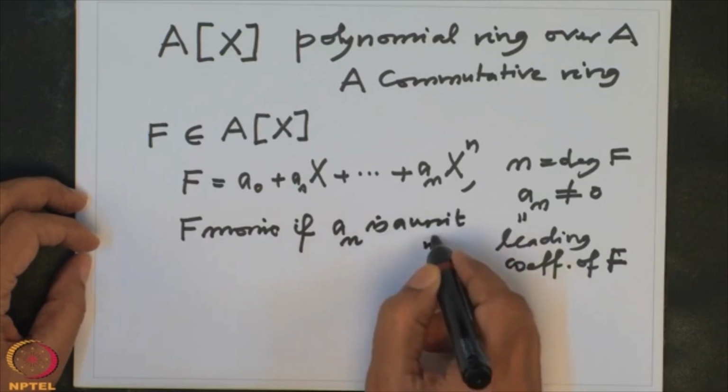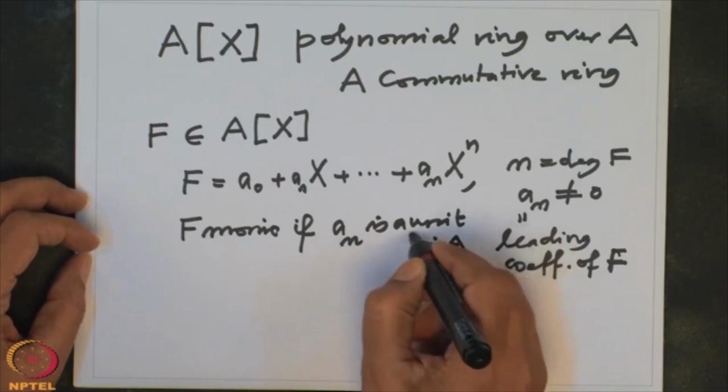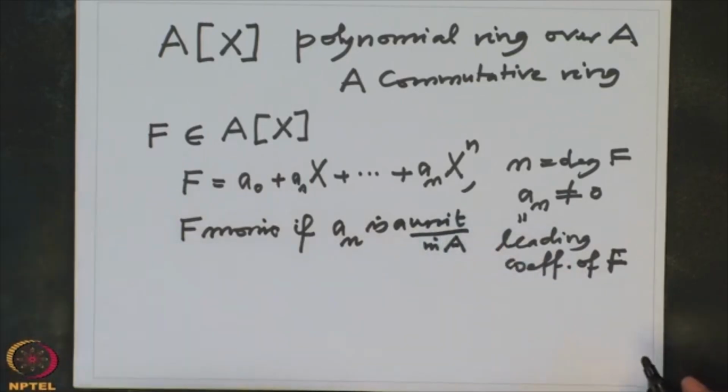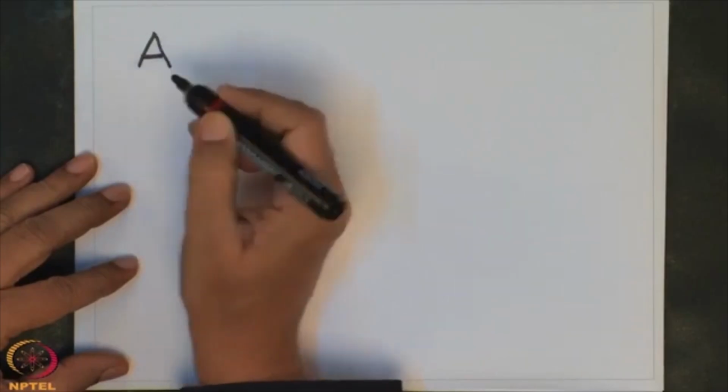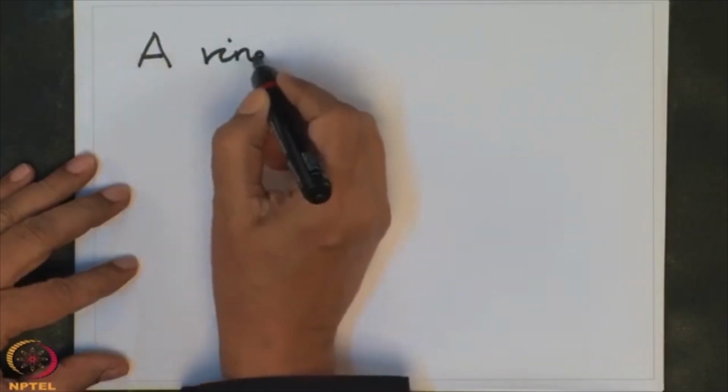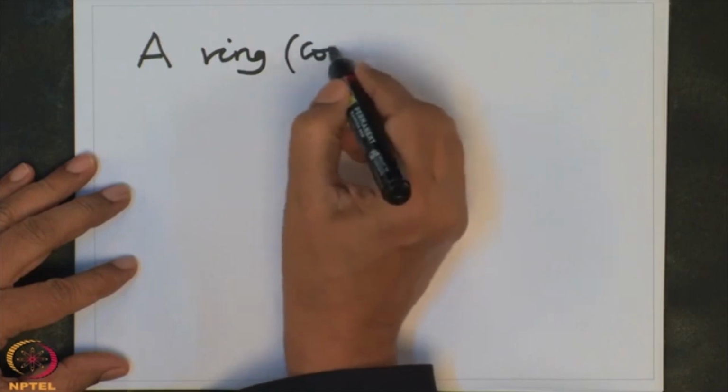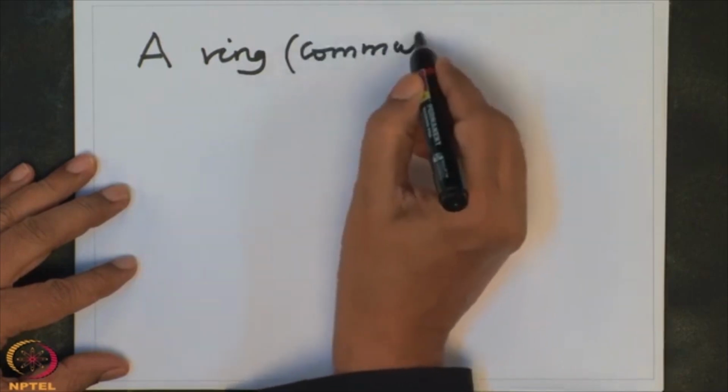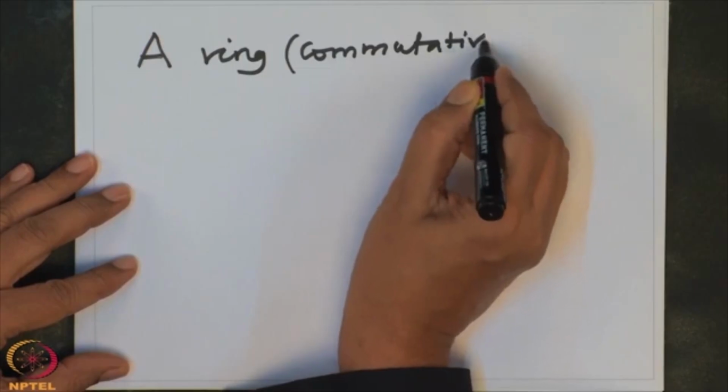Now, since I said unit, let me recall a few facts about this. We will need it later also, so I would prefer that we get acquainted from the beginning. Whenever I have a ring A, remember a ring for us is always commutative. I will not keep saying this; all throughout this course we will only consider commutative rings.